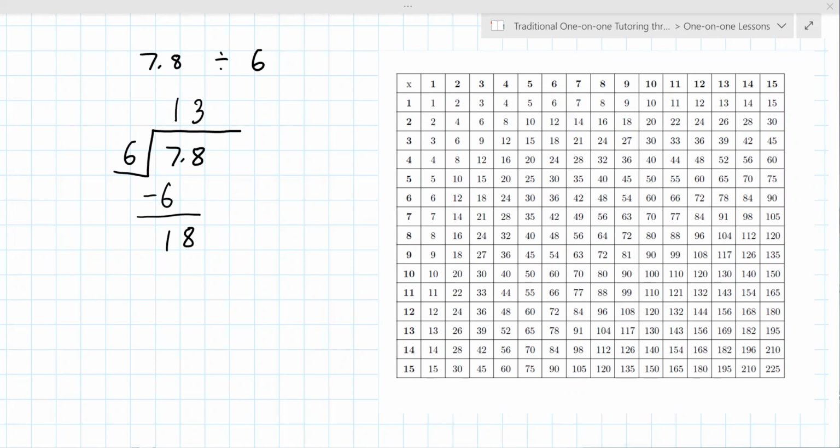So what are we supposed to ask again? You're just asking yourself how many times the number on the outside, so 6, goes into the number on the inside, 7, and then furthermore down here to the 18.